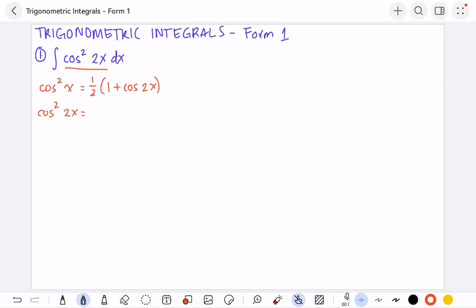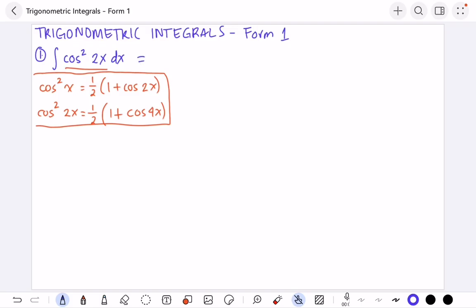Therefore, using this formula, this is equal to 1/2 times 1 plus cosine of 2 times the angle. So that's 2 times 2x, in this case we have 4x. Let me enclose this part here because we will be using that in our solution.